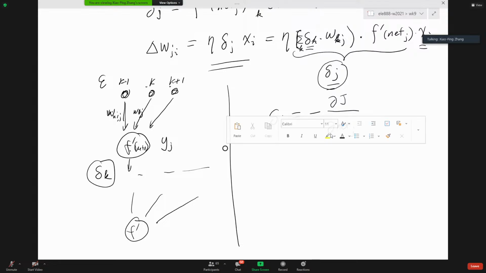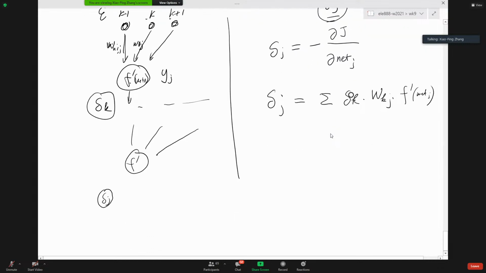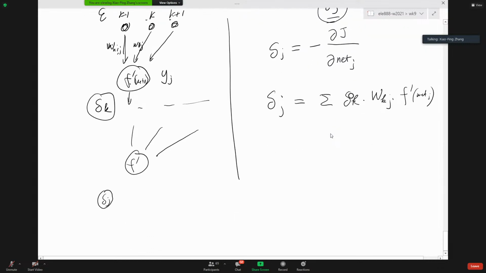The relationship is basically this. So we say, okay, this partial J by this, so delta J is equal to sigma delta K times WKJ times F prime net J. Okay, here's the relationship.